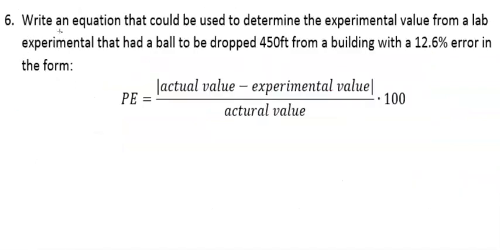Number 6. Write an equation that could be used to determine the experimental value from a lab experiment that had a ball dropped from 450 feet from a building with a 12.6% error, in the form PE equals the absolute value of actual value minus experimental value all over actual value times 100.